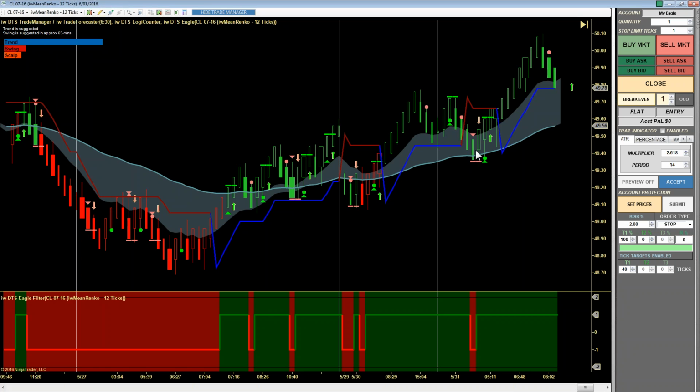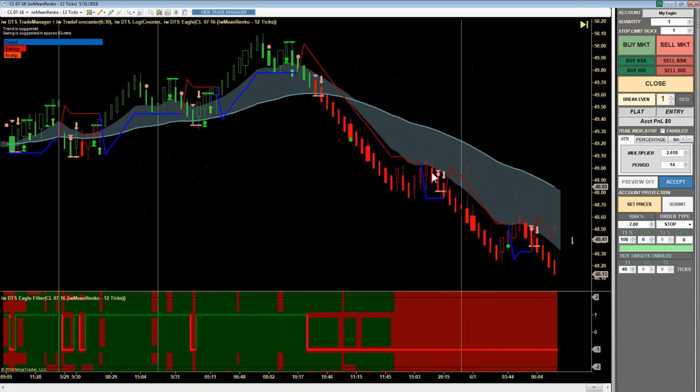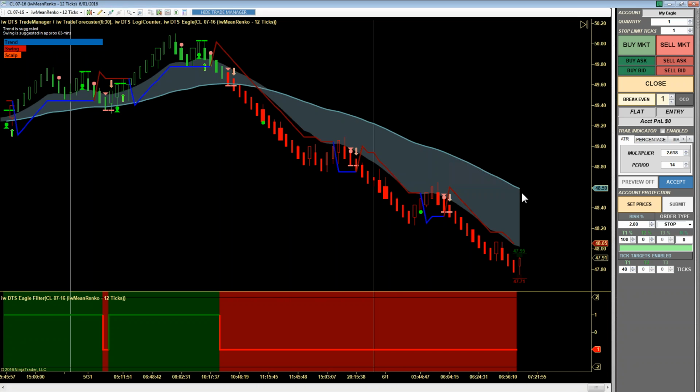Nice hard edge bounce with the Eagle. We typically expect the market to give us a reaction whenever it encounters the hard edge of the trading band. So when prices, like right now we're in a downtrend, if prices retreat here into the hard edge, I would anticipate a sell signal, and that would tend to be a high probability sell signal.